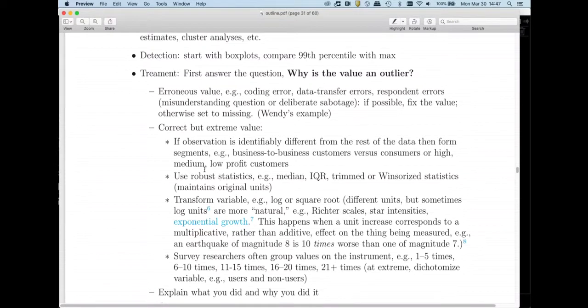Another approach is to use what are called robust statistics. So we've already met several robust statistics in this class. We've met things like the median, the trimmed mean, the interquartile range.